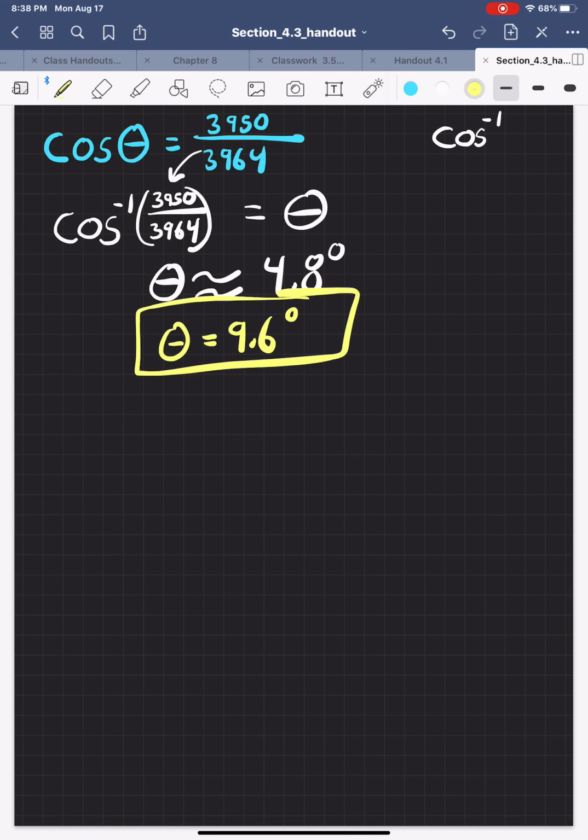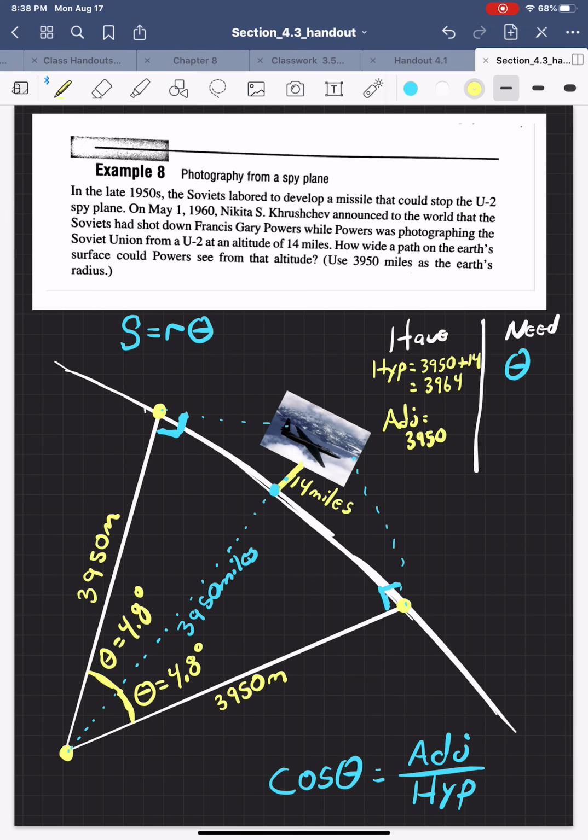All right. Now, I'm going to go ahead and rewrite that arc length formula. S is equal to R times theta. And in case you've already started daydreaming, or maybe you hear my dogs barking in the background, have you lost sight of what we're even doing? Well, here, you want to know how wide of a path this airplane can take pictures of from an altitude of 14 miles, right?